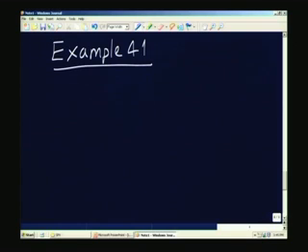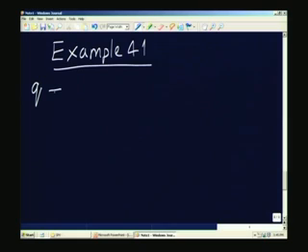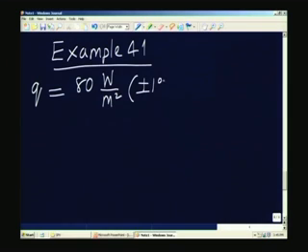So, this is example 41. The heat flux is directly given. In practice, one would have to measure the total heat supplied to the main heater divided by the area of the main heater to get the heat flux. In this case, it is directly given. Therefore, I will write down Q is given as 80 watts per square meter. This is the nominal value, and the error is plus or minus 1% in brackets.